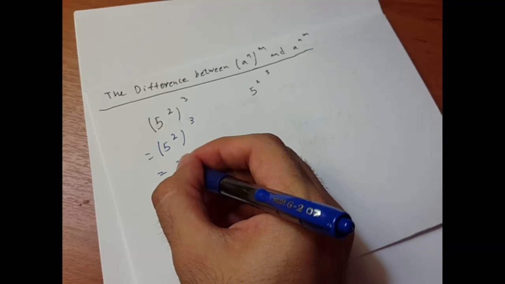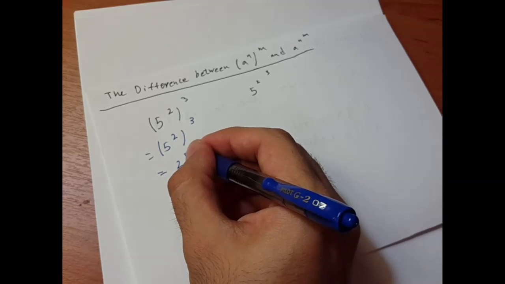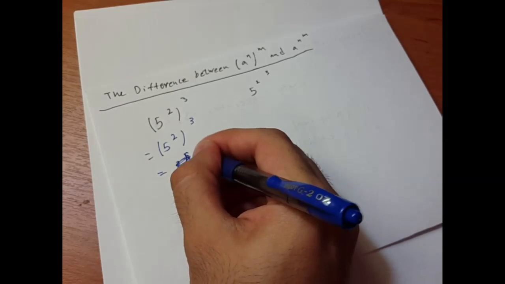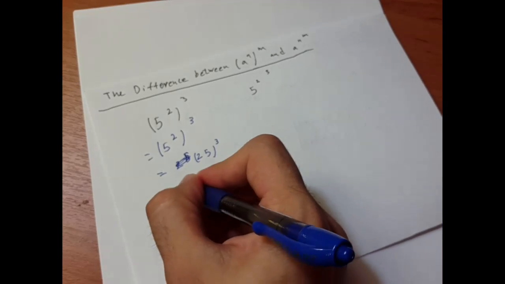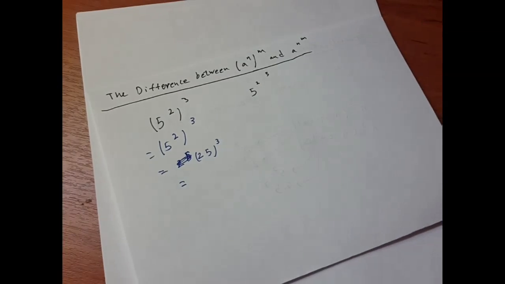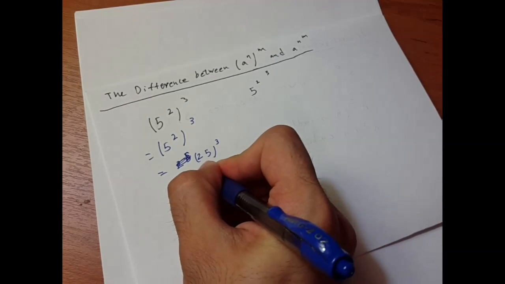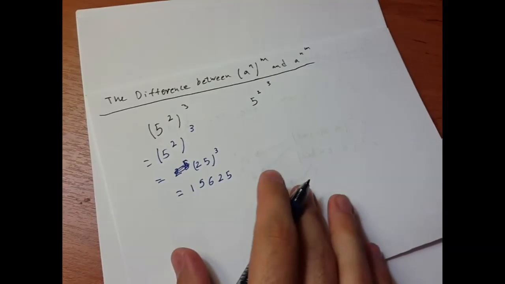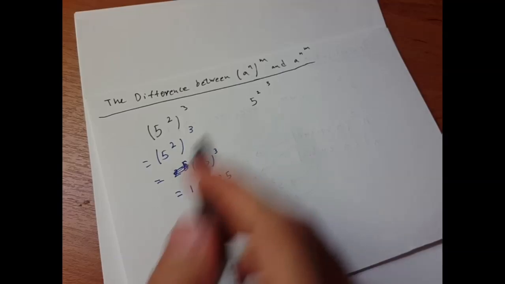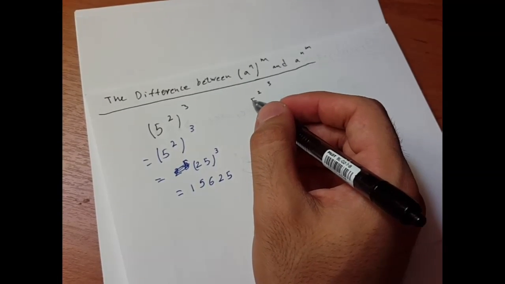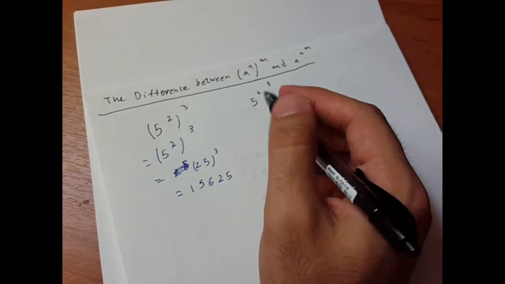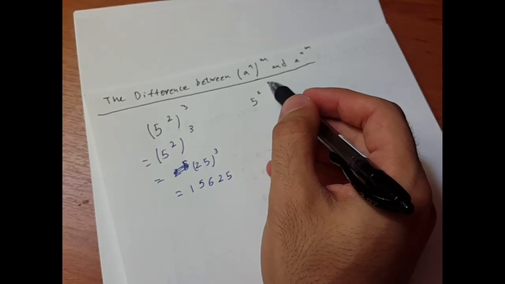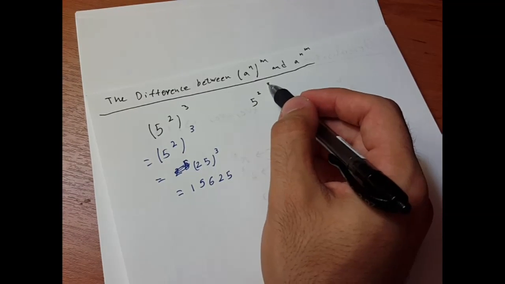So here it's just going to be 25 to the power of 3, and that is equal to 15625. And for the second question, what they're trying to say is that what is 5 to the power of 2 to the power of 3.